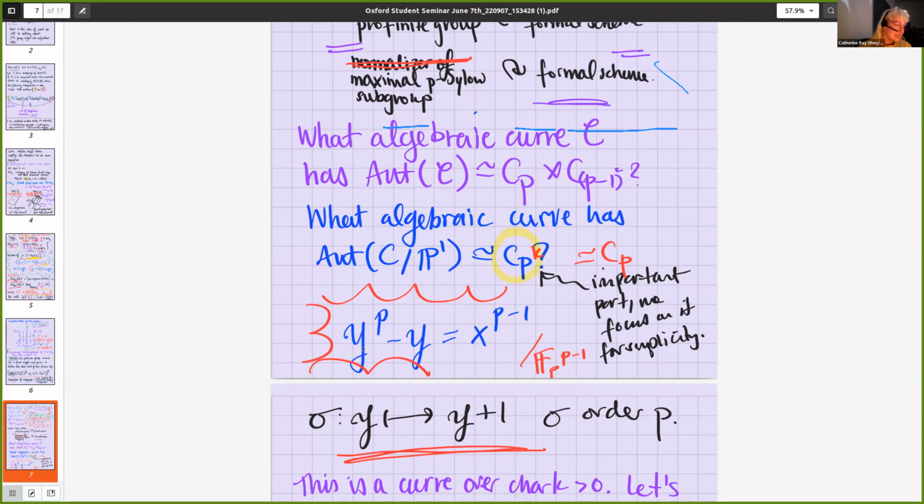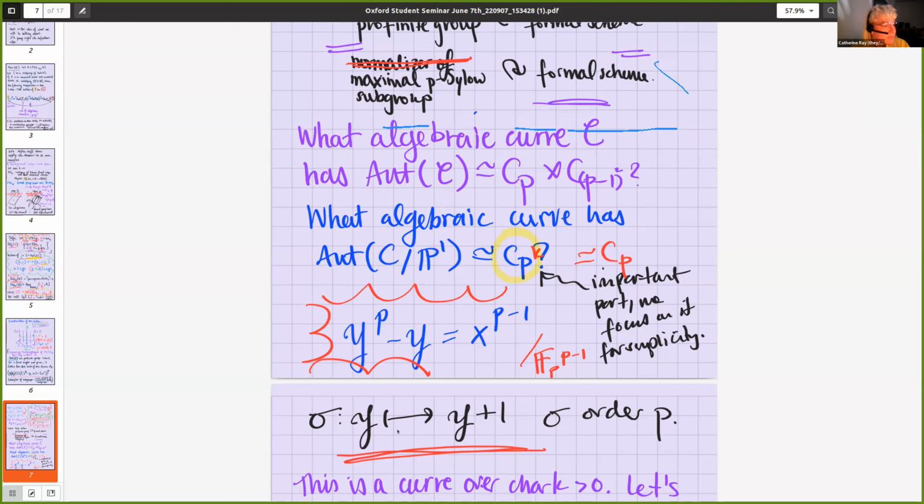The Z mod P case looks like this: y to the P minus y is equal to A. So the P minus 1 here is what's going to give us the automorphism group being not just Z mod P, but also this P minus 1 squared piece. But you can ignore this power of P minus 1 if you just want a curve with automorphism group Z mod P.